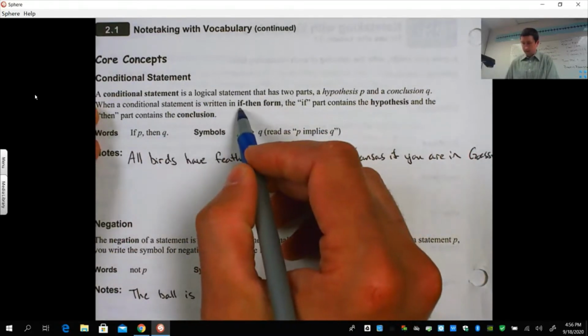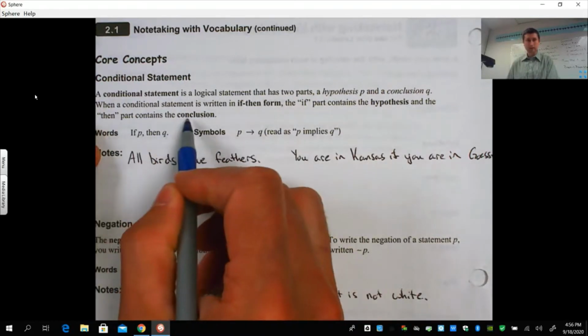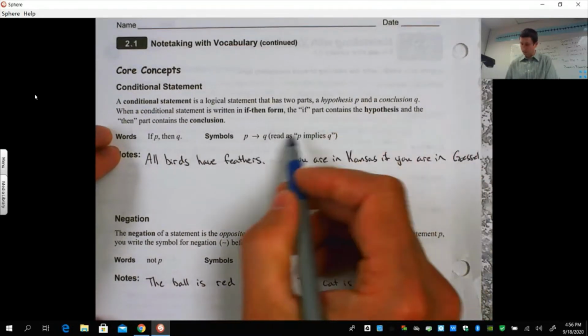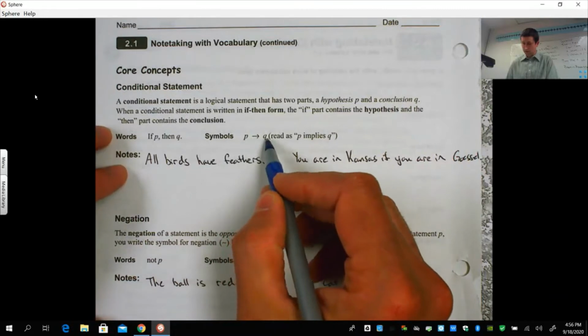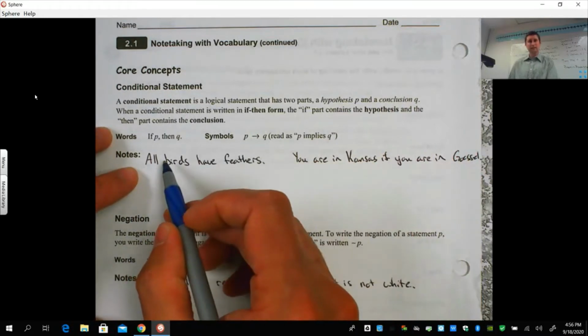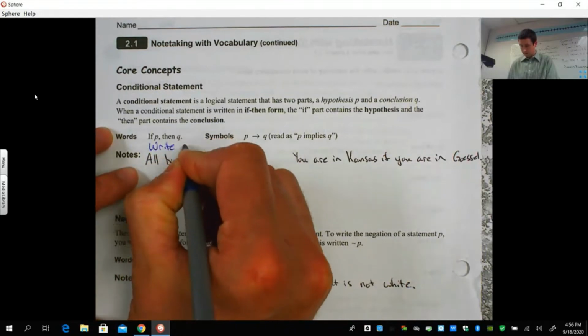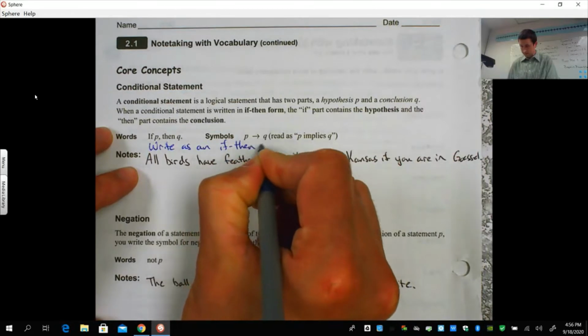When it's written in if-then form, the if part contains the hypothesis, and the then part contains the conclusion. Okay, so this is read P implies Q. If P, then Q. So the instructions may be write this as an if-then statement.